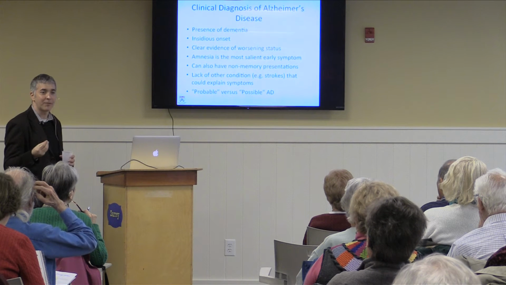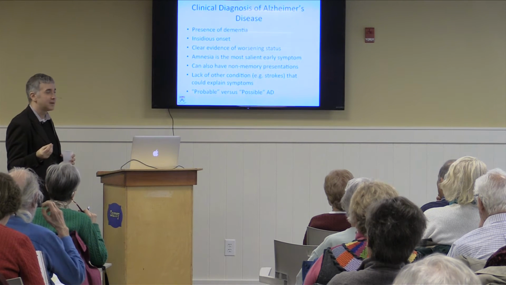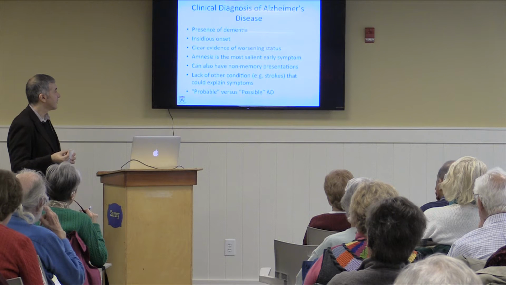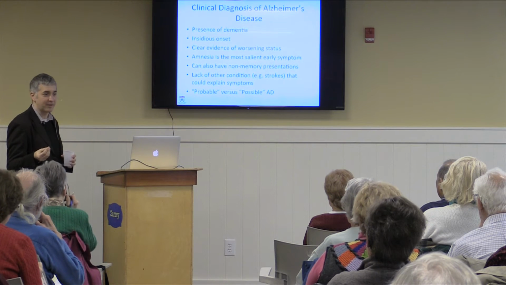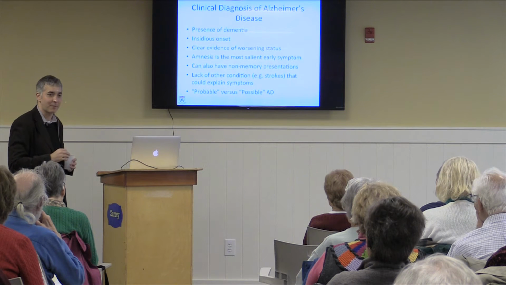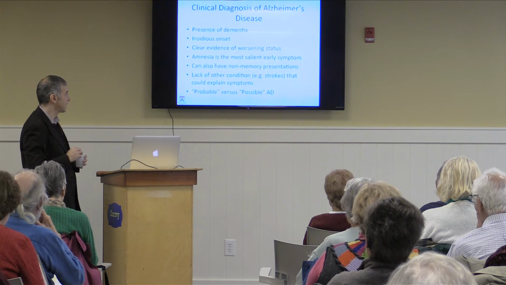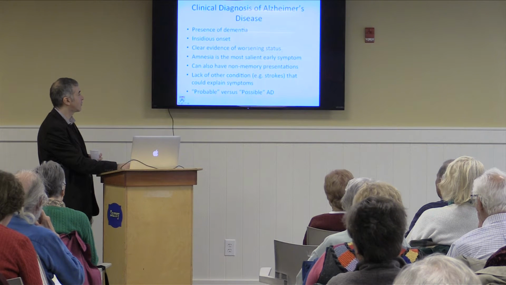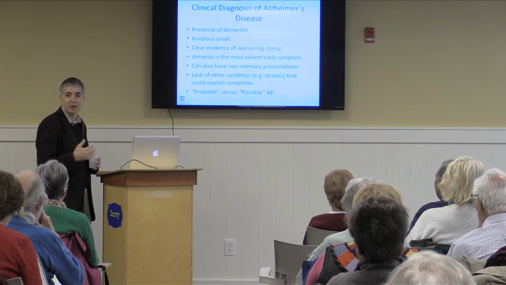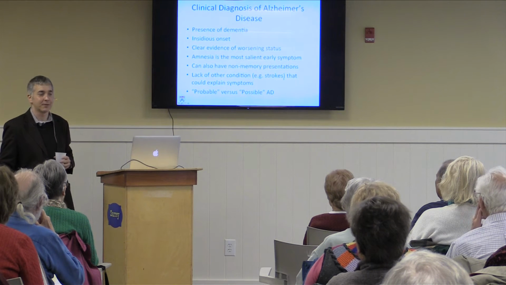But basically, Alzheimer's is just a form of dementia that is slow in onset, and that memory tends to be an early symptom of the disease, although there are some variants of Alzheimer's where that's not the case. And you need to rule out other things. So you want to make sure someone doesn't have strokes or some other condition that can cause their symptoms.